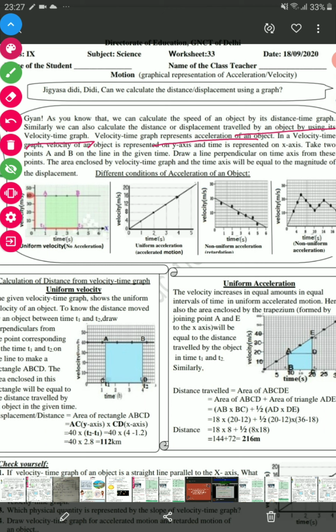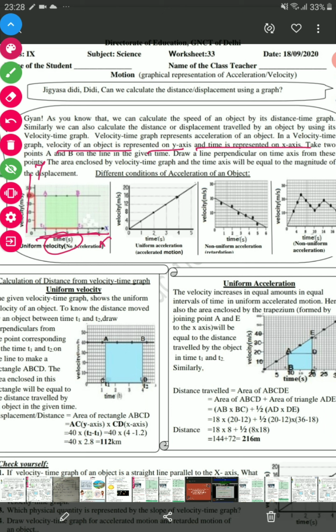In the velocity time graph of an object, velocity is represented on the y-axis and time is represented on the x-axis. See, on the x-axis we take time, and on the y-axis we take velocity, right?